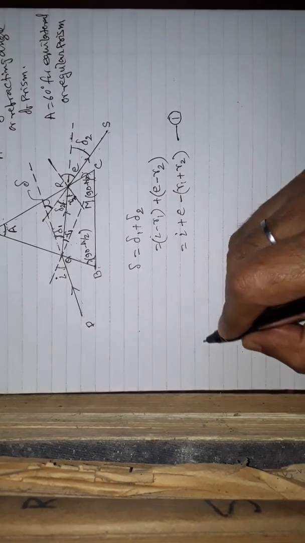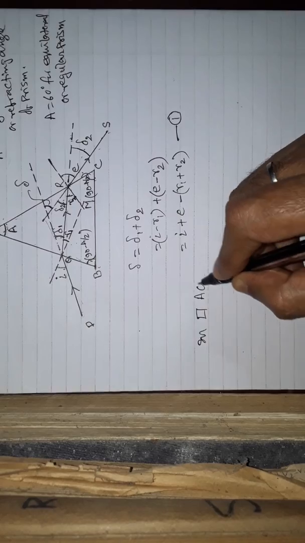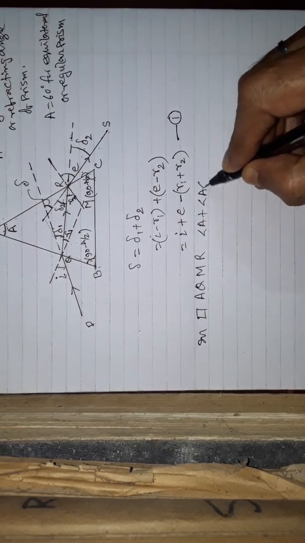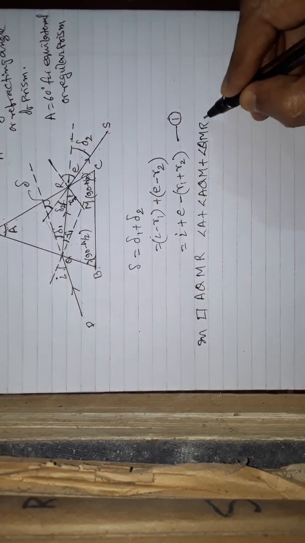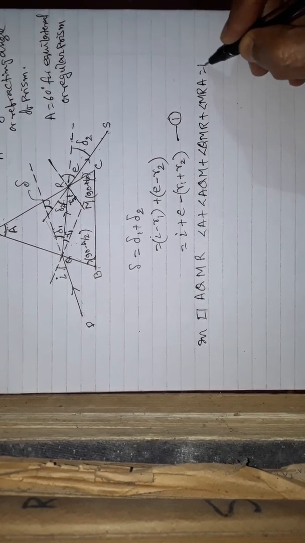Now in quadrilateral AQMR, this is angle A plus angle AQM plus angle QMR plus angle MRA. This is 360 degrees.